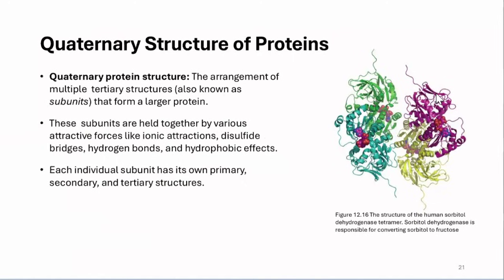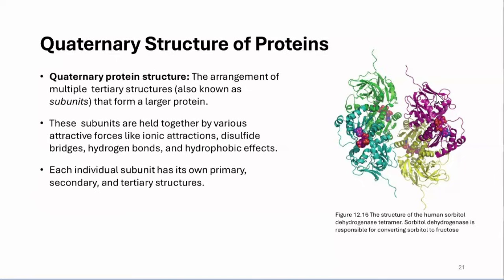To conclude looking at the organization of protein structure, the last thing we have is the quaternary structure of proteins. All proteins have a primary structure, a secondary structure, and a tertiary structure. Quaternary structures are actually special.